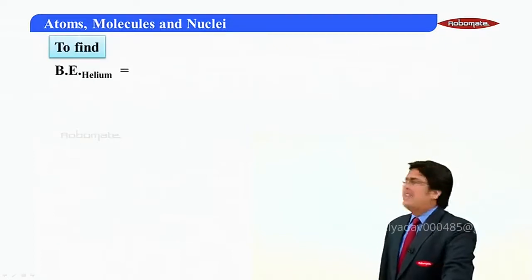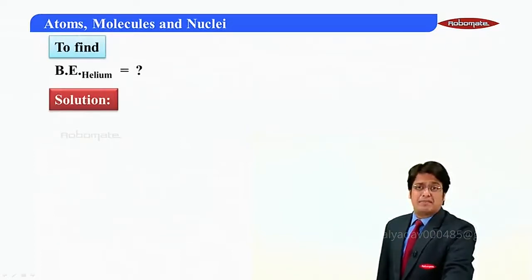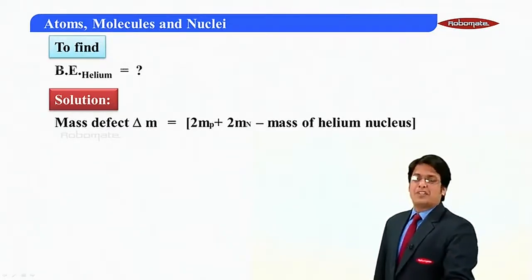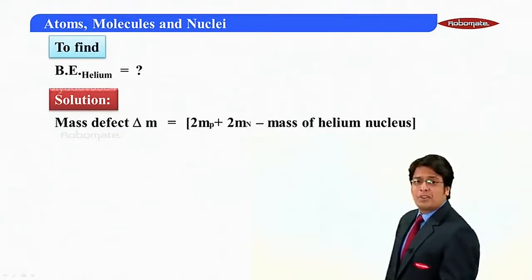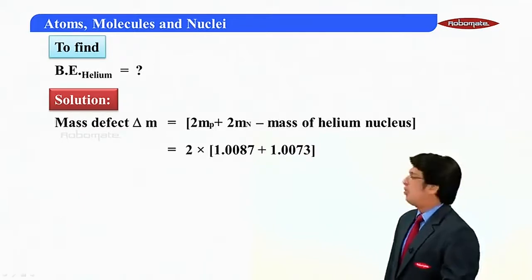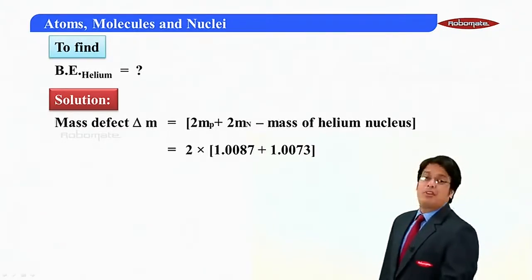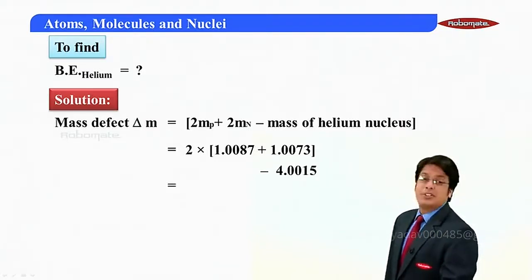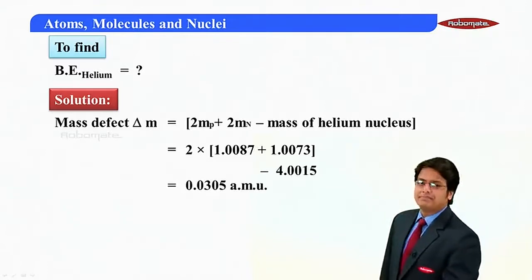So what we have to find is the binding energy of helium. Solution is very simple. First find the mass defect. So mass defect is twice the mass of proton plus twice the mass of neutron minus mass of nucleus. So what you get is twice of 1.0087 plus 1.0073 minus 4.0015, that belongs to the nucleus.